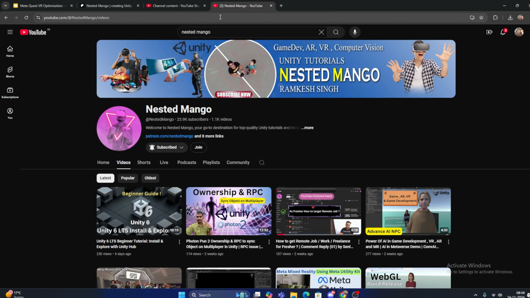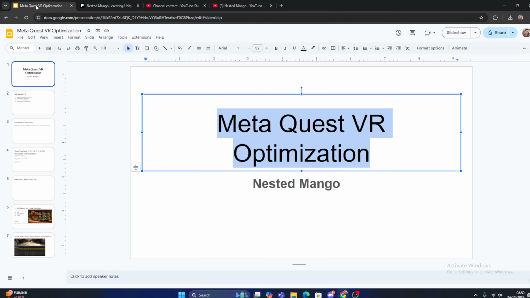For understanding, you must have knowledge of the basics: what you have to see, what you have to understand, what you have to learn. And this is not only for developers, it is also for artists who are creating Unity scenes and creating the assets. So it is for everyone, developers and artists, and it is always a race of developer versus artist. So let's start today's video.